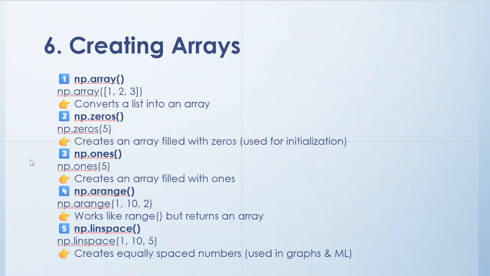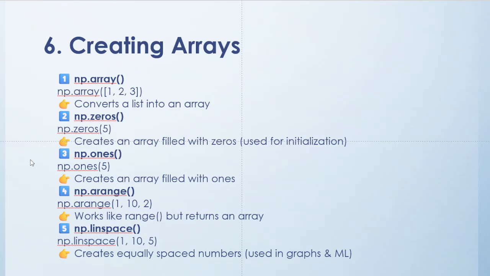Earlier we have already seen installation. After installing NumPy, we just import it: import numpy as np. If we write np.array, it will change a list into an array. That is the most basic way.